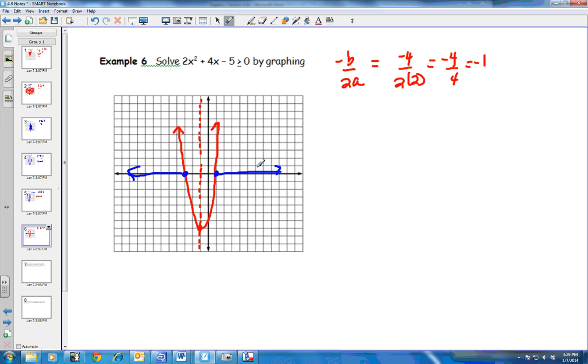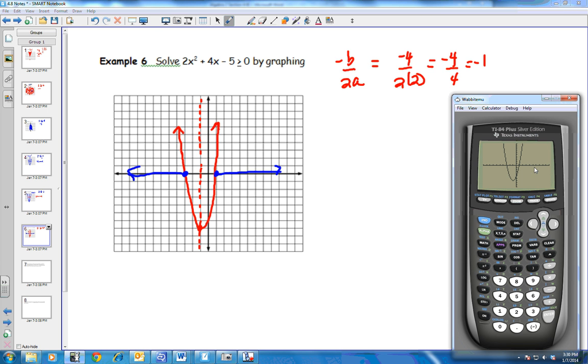And you know what? When I graphed this, I should not have assumed that it crosses at nice, neat numbers. It doesn't cross at what I said, -3 and 1. It just looked like it did. So do you remember how I find those actual numbers? I'm going to go to second trace, number 2.